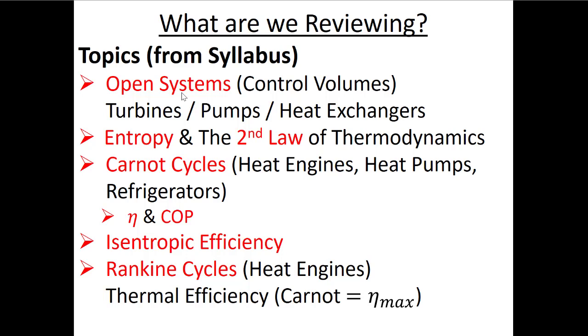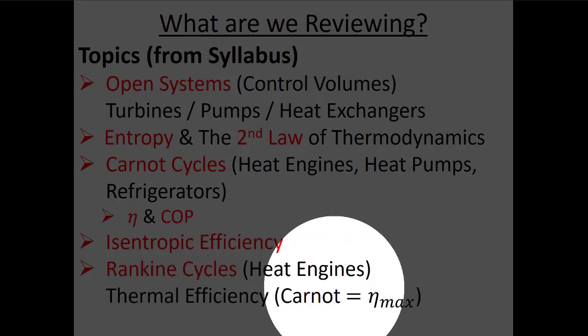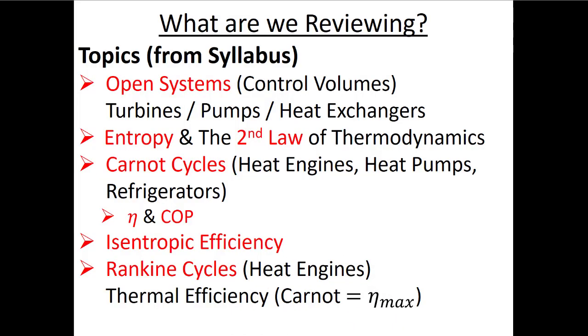And then we gave examples of how to chain different open systems together to make a heat engine. In particular, we did that with Rankine cycles. Now we know how to calculate Rankine cycles and to find the thermal efficiency, and then we compare that thermal efficiency of the Rankine cycle to the Carnot or maximum thermal efficiency.